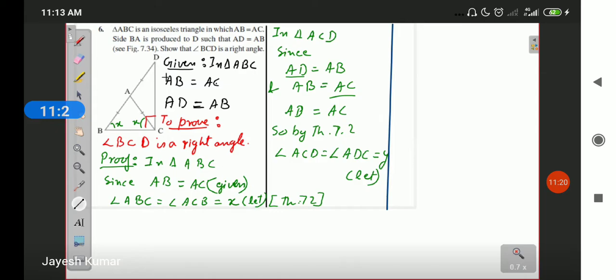Now see, in triangle DBC, I've said this angle is y as well as this angle is y.